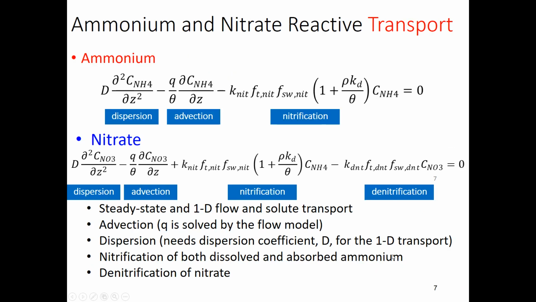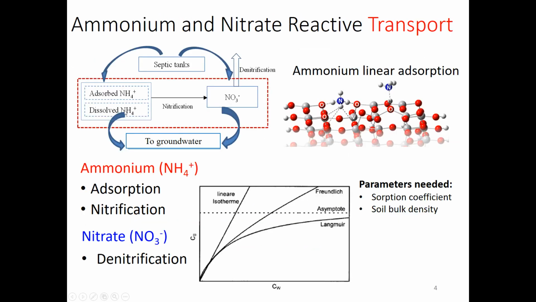So after we consider reaction, let me give you a summary. You have ammonium and nitrate coming from the drain field, and then we consider the adsorption of ammonium on soil particles, and we have dissolved ammonium in soil pores, and both of them go through the nitrification process and become nitrate.